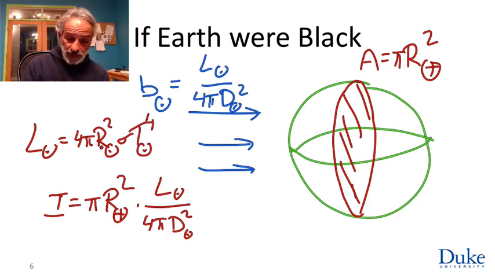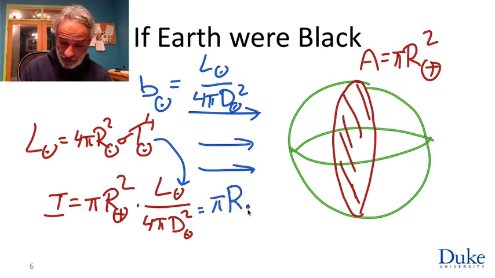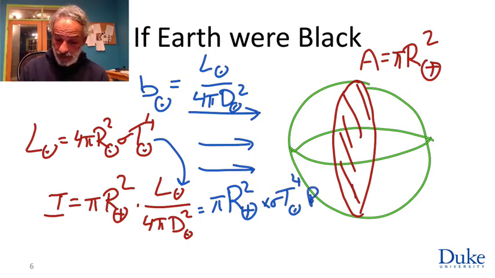So I can plug this in, and when I put this expression into there, I get pi times the radius of Earth squared, times, with the 4 pi's cancelling all over the place, sigma, the fourth power of the solar temperature, and then the radius of the sun squared divided by the distance to the sun squared.